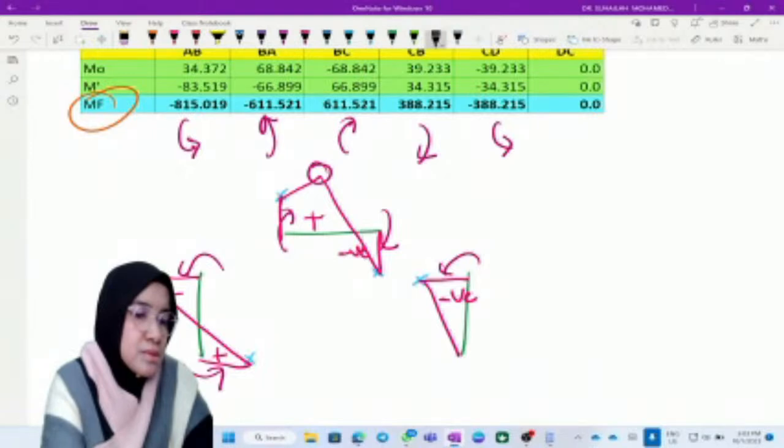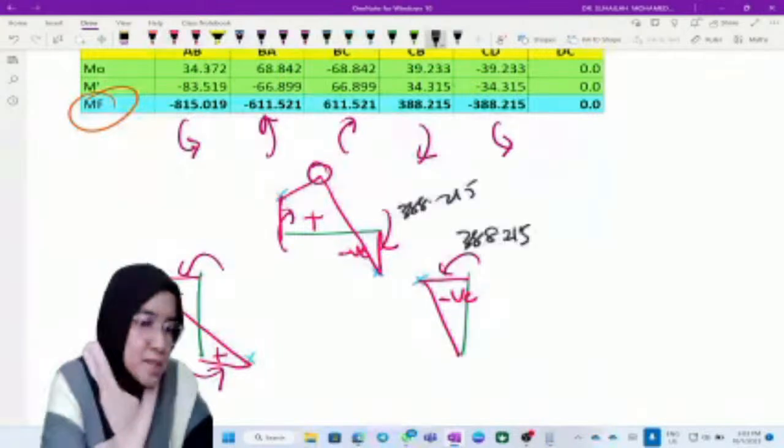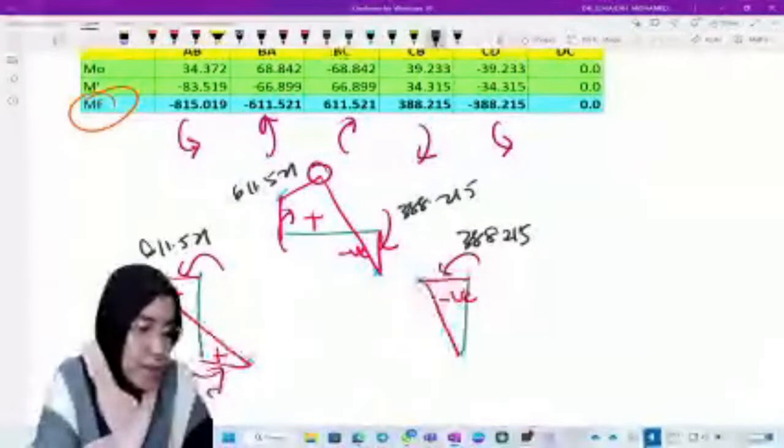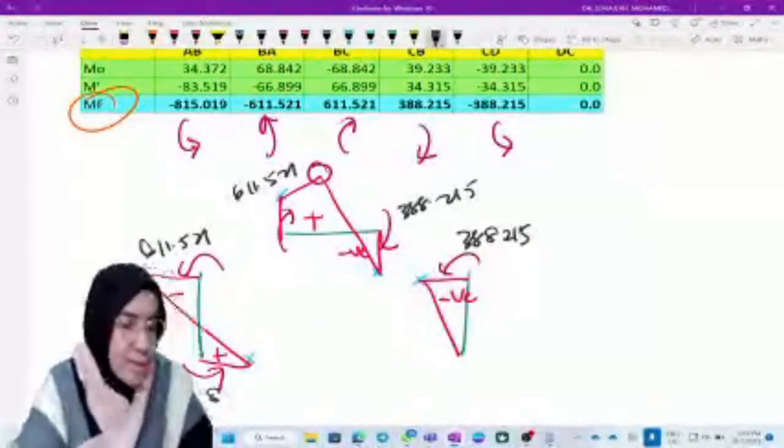The values are 388.215, 3.15, and 815.019.